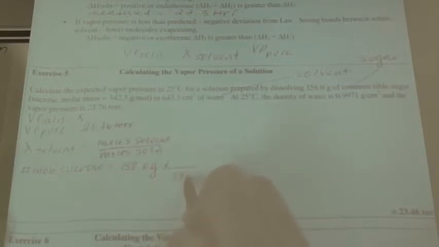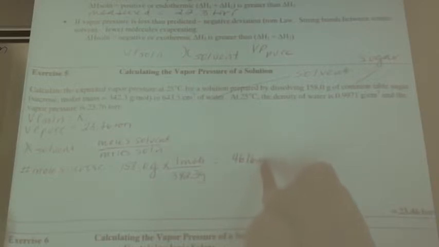The moles of sucrose, which is the solute, equal 158 grams of sucrose times 1 mole per 342.3 grams. That means I have 0.4616 moles of my solute.